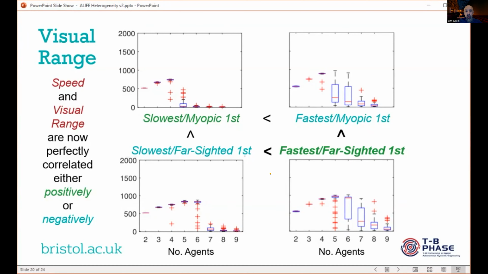But the most interesting result is the situations where those two properties are negatively correlated, so down the bottom left, the slowest agents are the most far-sighted, and prioritizing those is significantly better than prioritizing the fastest agents who are the most myopic. So that gives us an insight into the fact that the visual range is the dominant property.